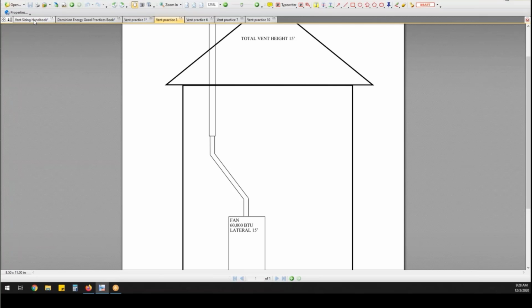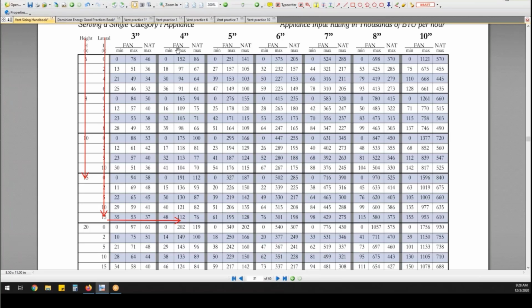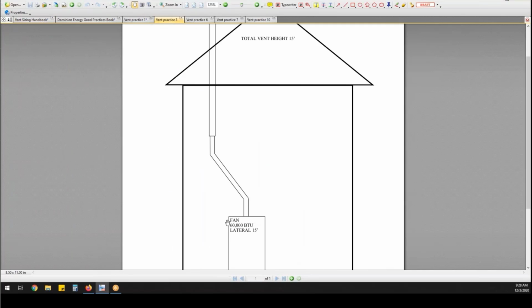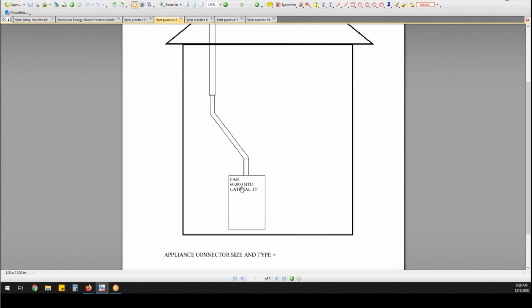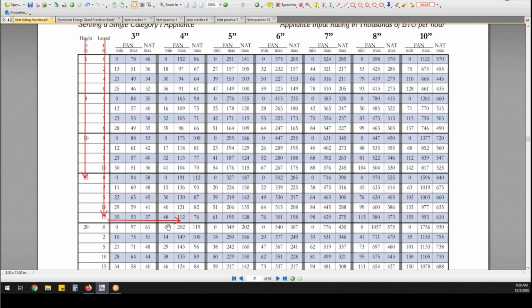So now the book gives us, with a fan-assisted Category 1 appliance, I've got to have a minimum of 48,000 BTUs of heat energy, but I can have no more than 112,000 BTUs. Does my 60,000 BTUs fall between those two numbers? It does, right?